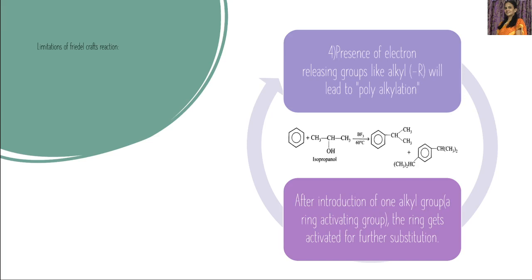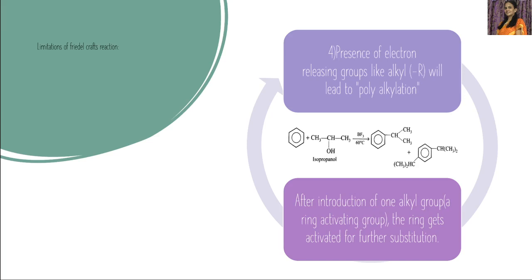This is one example we have given here. Next one is, after introduction of one alkyl group, that is, the alkyl group is a ring activating group, we will discuss this. The ring gets activated and further substitution takes place to form a dialkyl derivative. So here polyalkylation is taking place in this reaction. So these are all the limitations of Friedel-Crafts alkylation reactions.